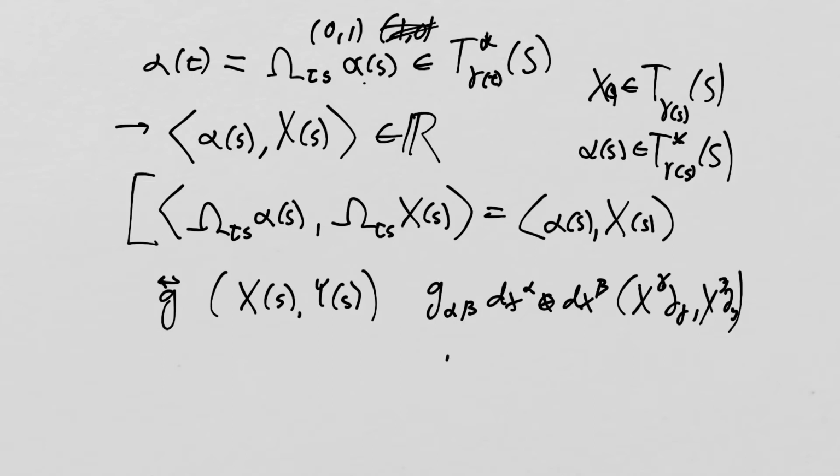So this is the metric tensor acting on two vectors, everything located at the point S. This is at S and that's at S. So I guess that would be x gamma of S, partial gamma evaluated at S, right? That's what would go here.